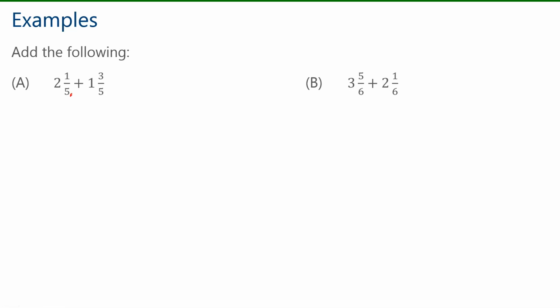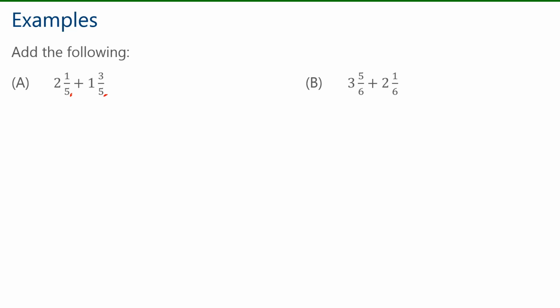I notice that my denominators are the same, so I know that's going to make it a little bit easier as we go through this question. But for method 2, the first step in our process is to change our mixed numbers to improper fractions. Now, how you decide to change these mixed numbers to improper fractions is ultimately up to you.